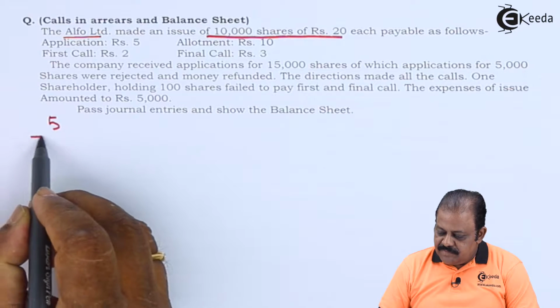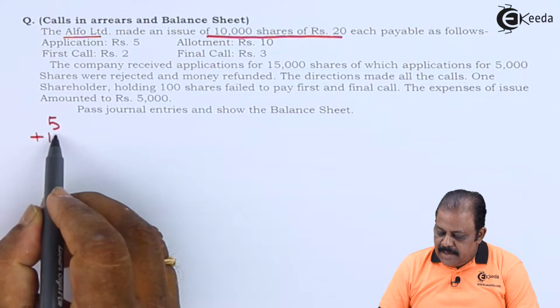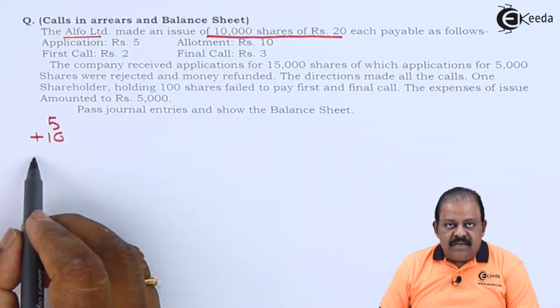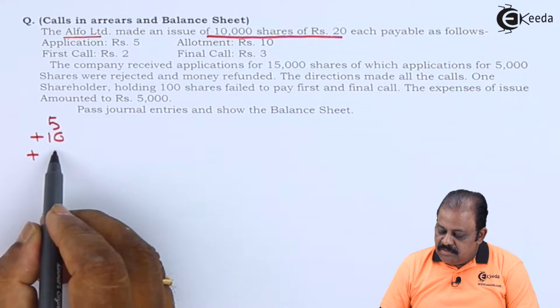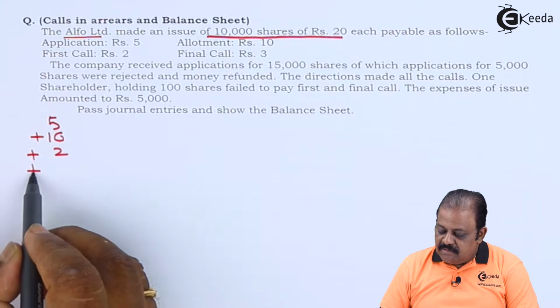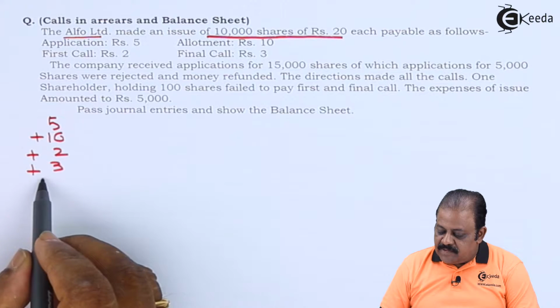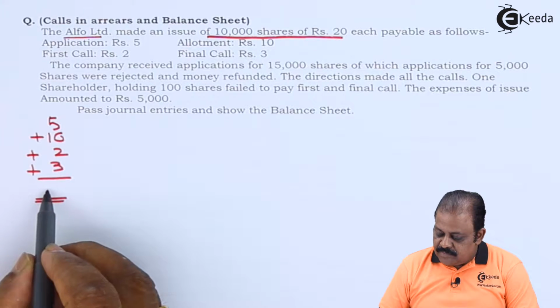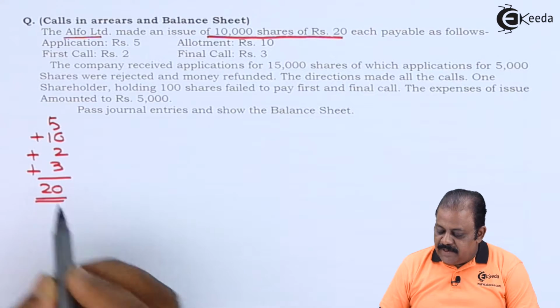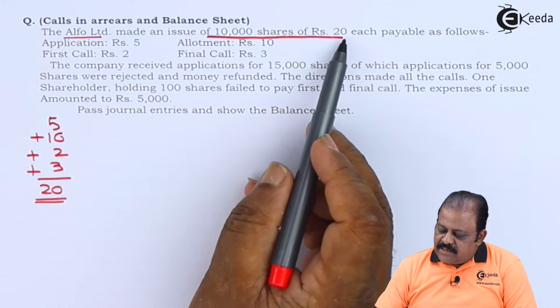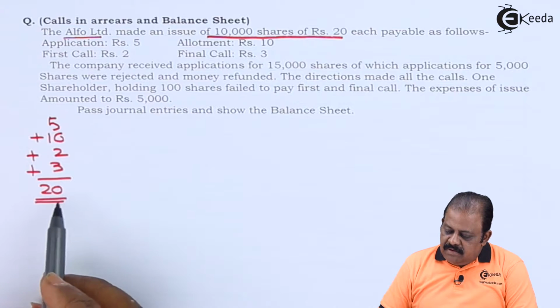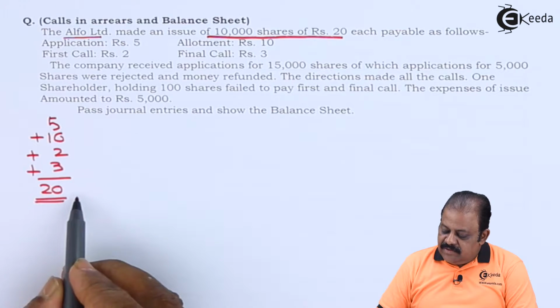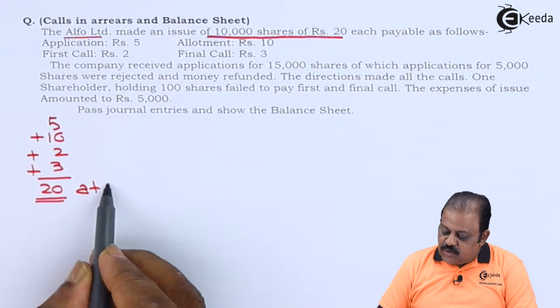Application amount 5, allotment amount 10, first call 2 rupees, final call 3 rupees, total is 20 rupees. Nominal value of share is 20 and here total is also 20. That means shares are issued at par.